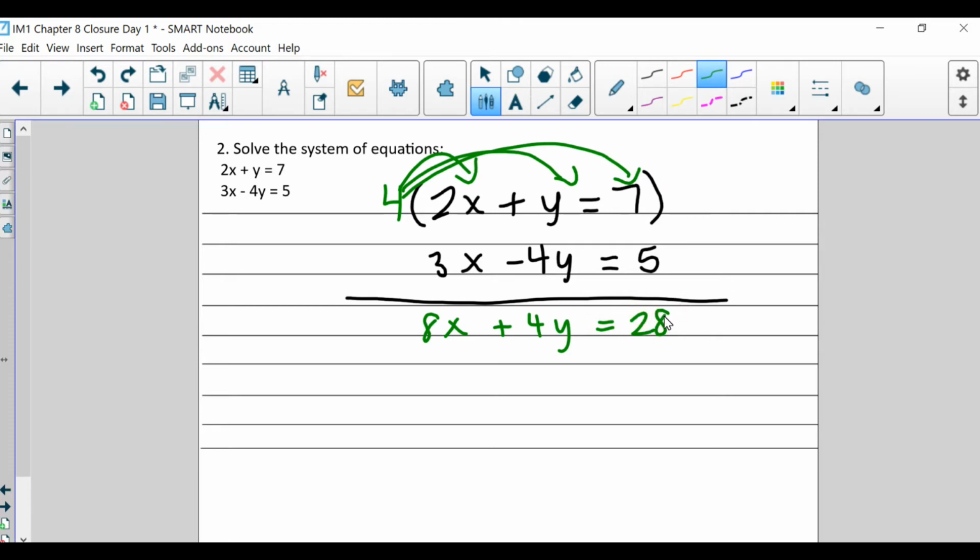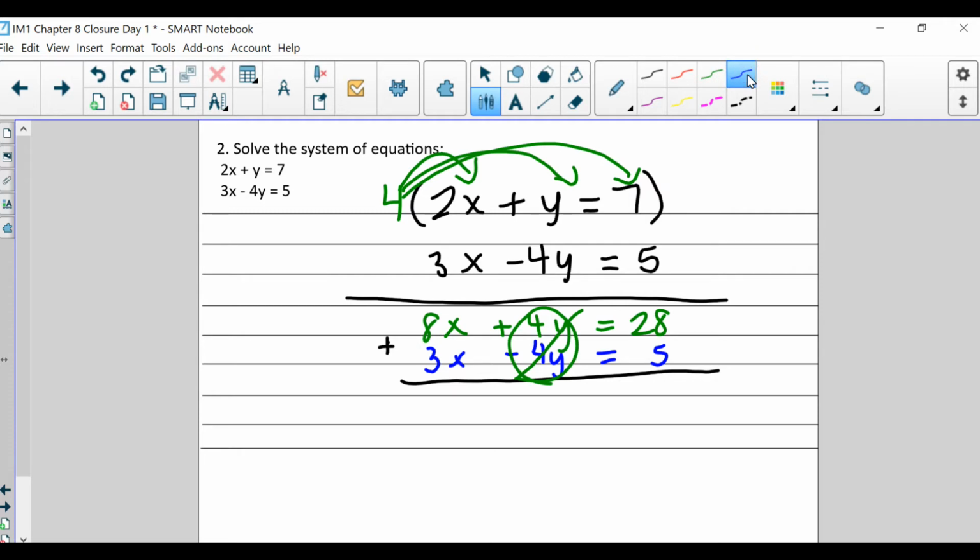And over here it's going to distribute 28. Then we go ahead and we look at the bottom values, and we've got 3x minus 4y is equal to 5. Now what are we doing here? We're going to be adding these guys, and when we add them, let's see what we notice here. So we notice that 4y and negative 4y is a 0 pair.